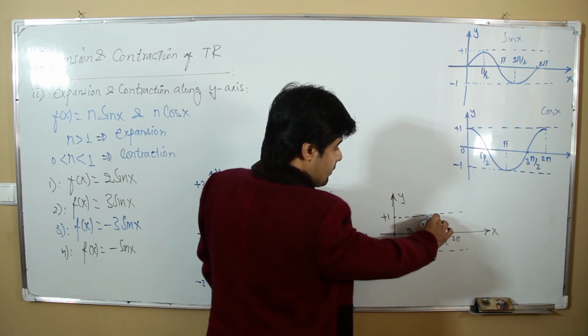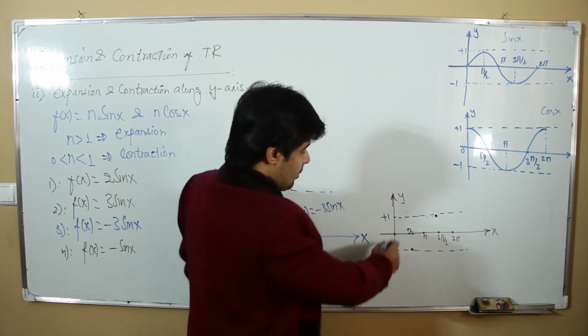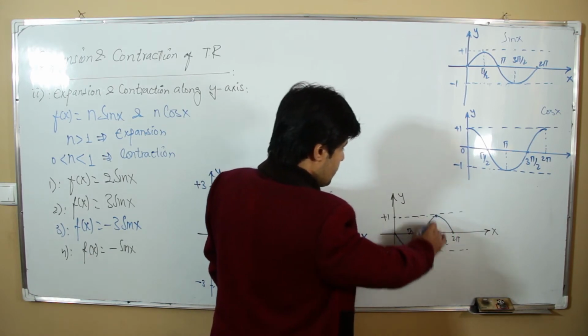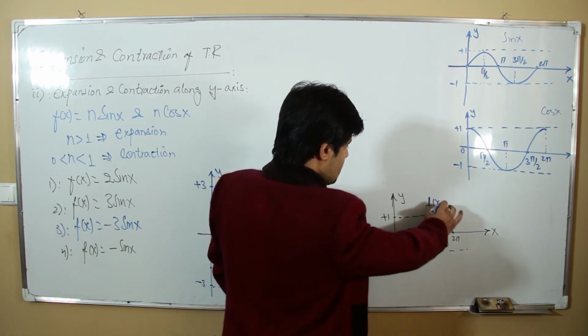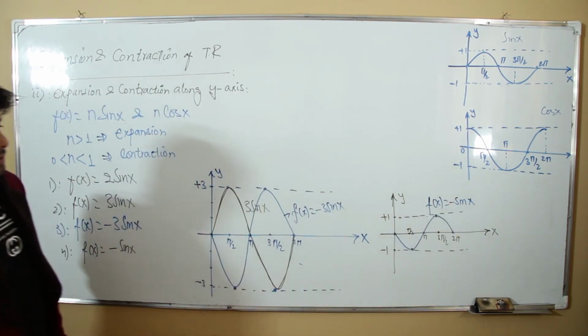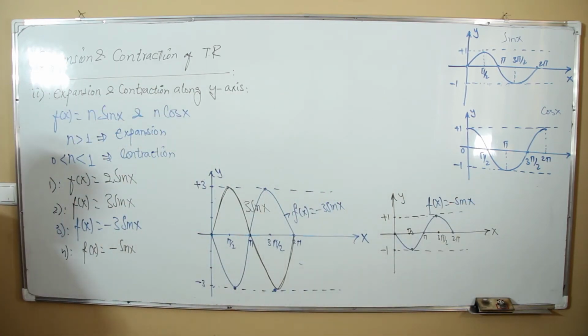So in here we have maximum. Now what the graph is, this is f(x) equal to minus sin x. I think you have got it. Write it please. We will work on cosine.